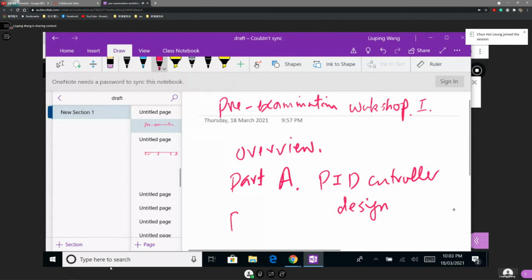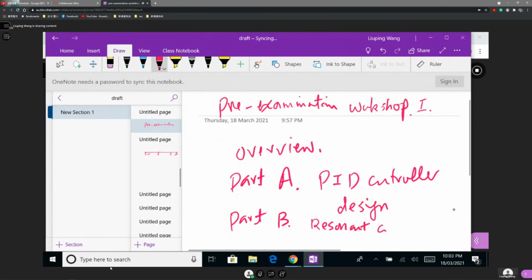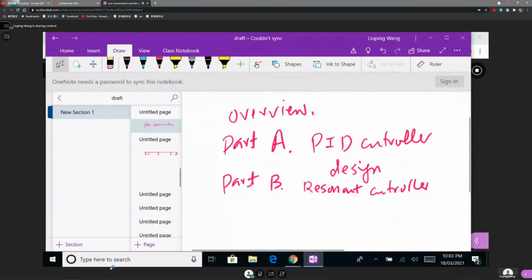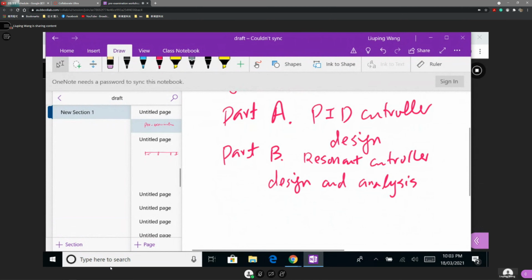Part B, I'm going to do resident control design and analysis. And then part C, I'm going to do PID controller implementation.